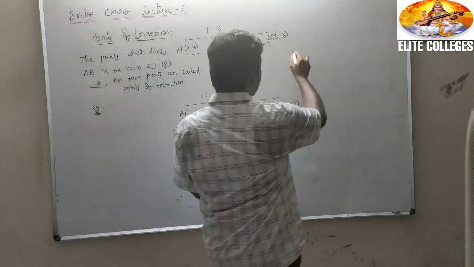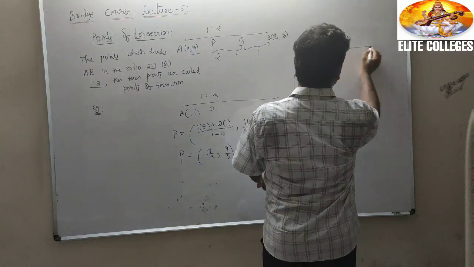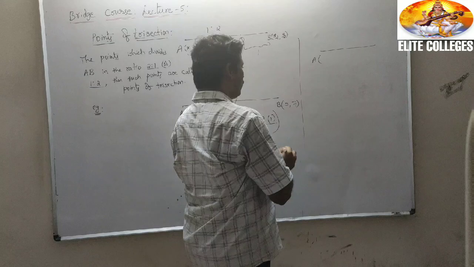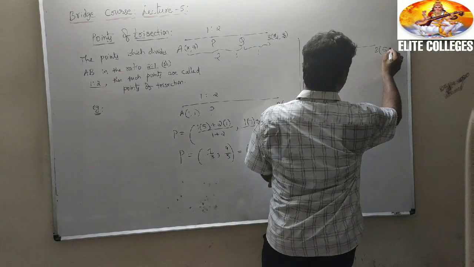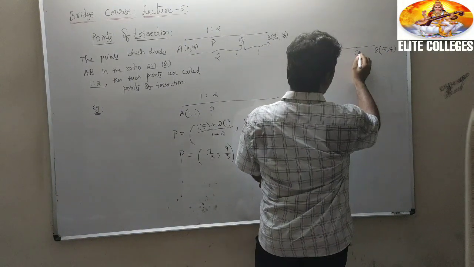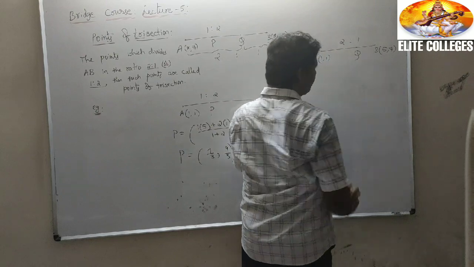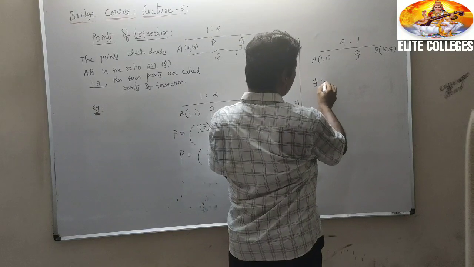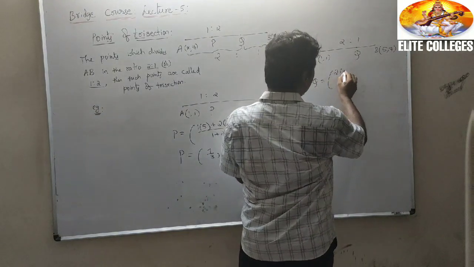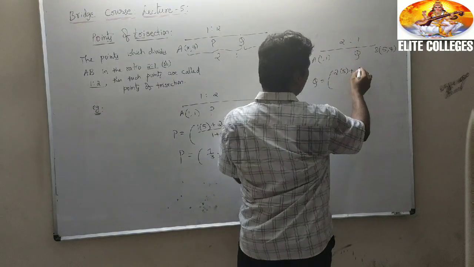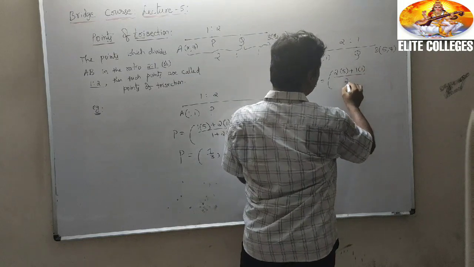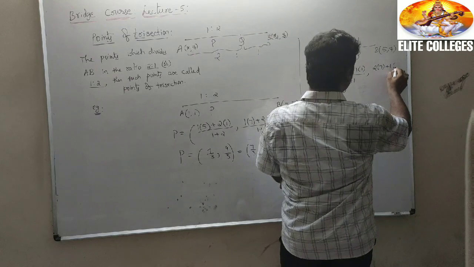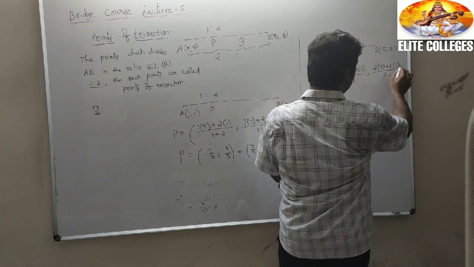Now see another one. A is (1, 1) and B is (5, 7). And this is the point Q which divides AB in the ratio 2 is to 1. Then Q equals (2 into 5 plus 1 into 1) by (2 plus 1), comma, (2 into 7 plus 1 into 1) by (2 plus 1).